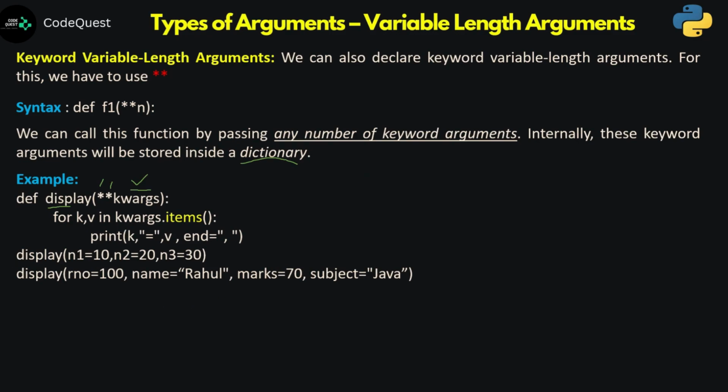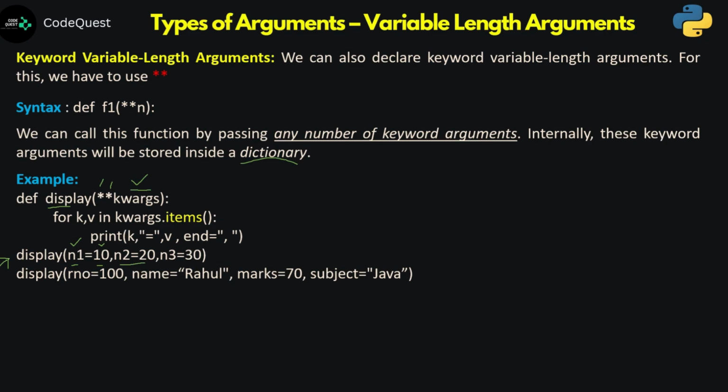Now when I call this function display for the first time, we have passed keys and values. So n1 equal to 10, where n1 behaves like a key and 10 is the corresponding value. Very similarly, n2 equal to 20, n2 behaves like a key and 20 is the corresponding value. Similarly, n3 is the key and 30 is the corresponding value.